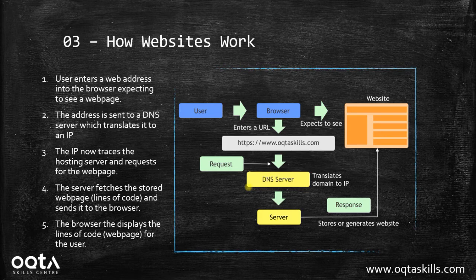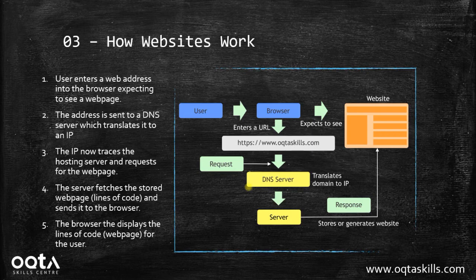The DNS server knows the domain name and knows its relating IP address. So probably the IP address for Octaskills is 192.00.7.3. Now the DNS knows that. Just like when you have your phone book, you scroll to Kojo.